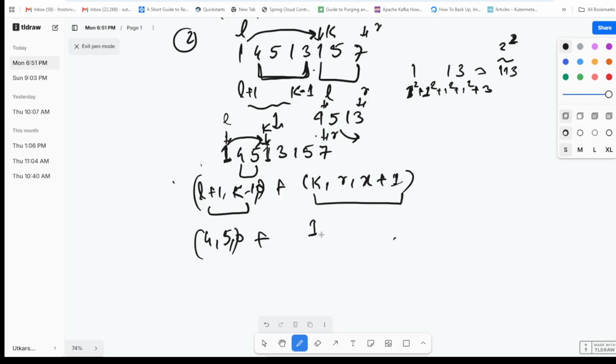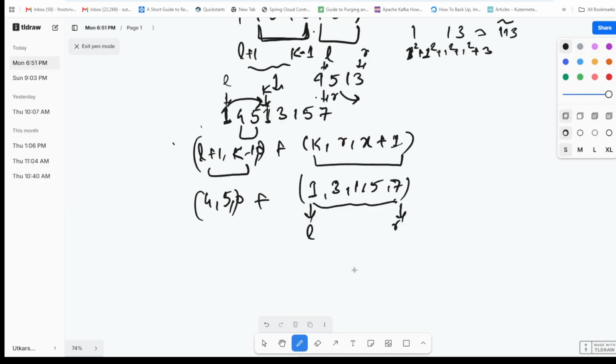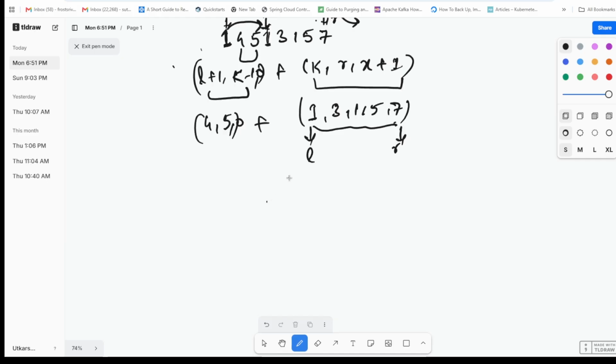And for here it will be from 1 3 1 5 7. Wait, now we will solve for this recursively. Again this will be l, again this will be r. So again we will try to match it. Here we found k.